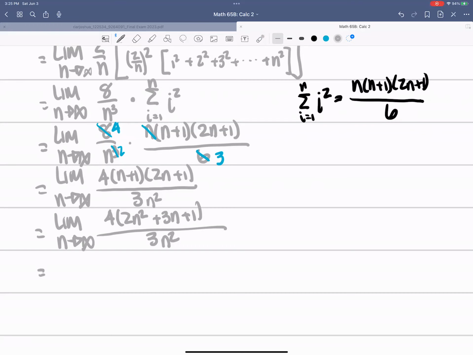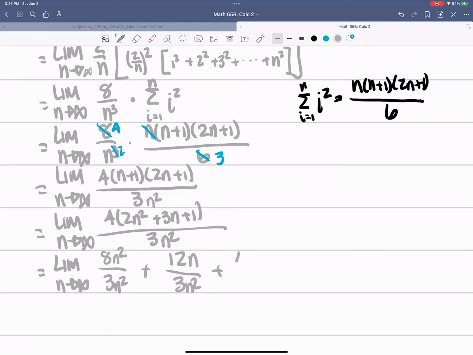And let's separate them into different fractions so we could divide some of the values out. So we have 4 times 2 is 8. 8n squared over 3n squared plus 4 times 3 is 12, 12n over 3n squared.